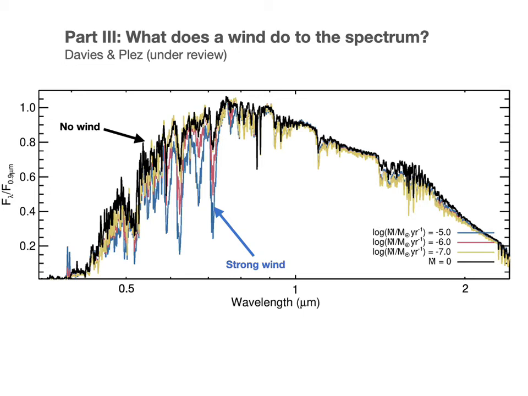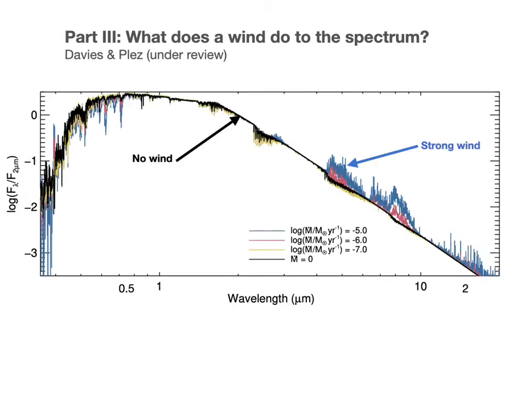So wind increases the strengths of those titanium oxide bands without changing the flux in the near infrared too much. And if you're interested where that missing flux goes, it comes out in the mid-infrared in the form of CO and SiO emission between 5 and 10 microns.